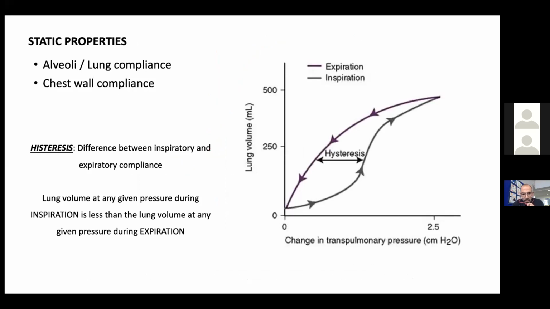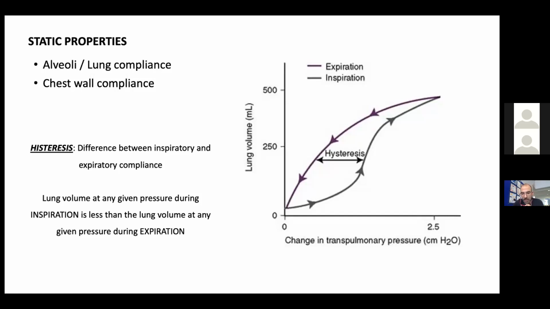So, you know this concept. This concept is taught in uni, in med school. So we know that the behavior of the respiratory system is different between inspiration and expiration, and this different behavior is called hysteresis. So we have this lower part of the curve, which is in inspiration, and then the return in purple is the behavior of the respiratory system in expiration.